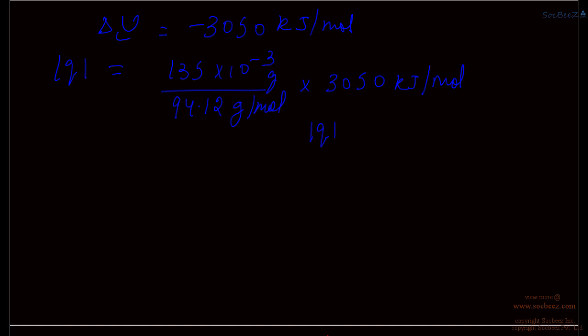So from here Q is 4.375 kilojoule. Now if we calculate delta T, it is Q upon C, calorimeter constant.